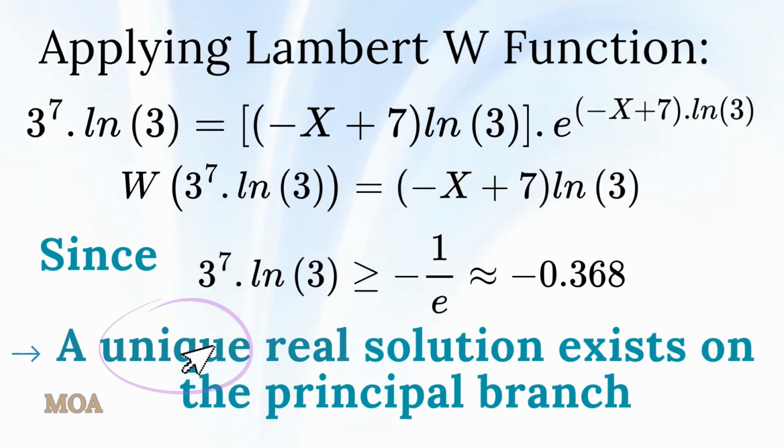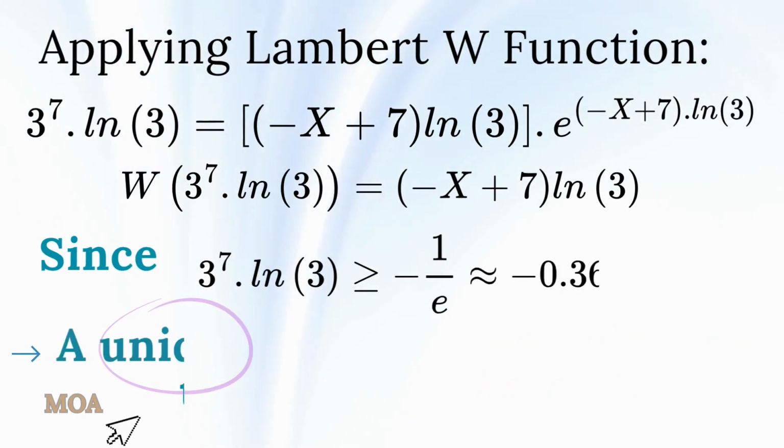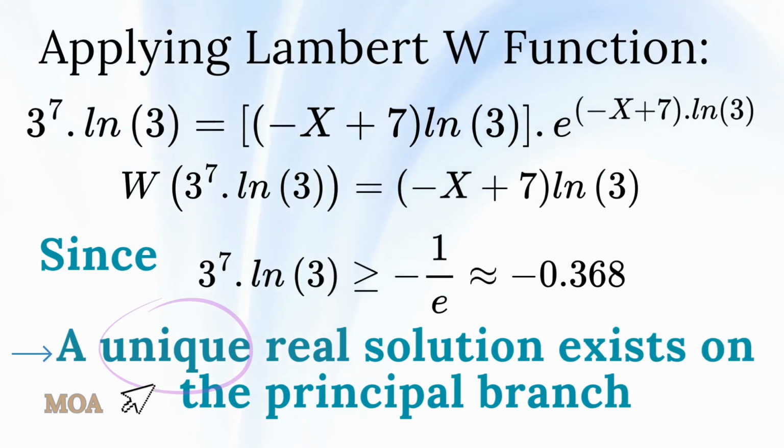Since 3 raised to the power of 7 times the natural logarithm of 3 is positive and strictly greater than negative 1 over e, namely greater than negative 0.368, this confirms that a unique real solution exists on the principal branch.